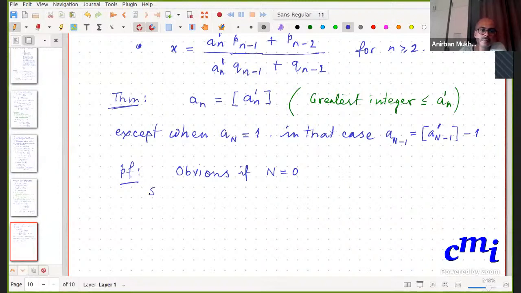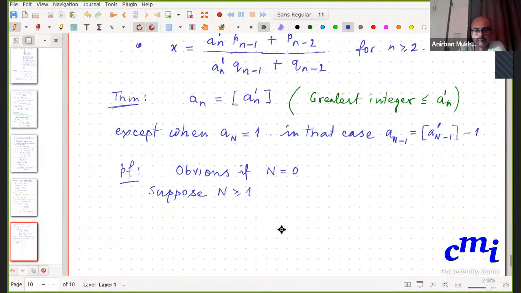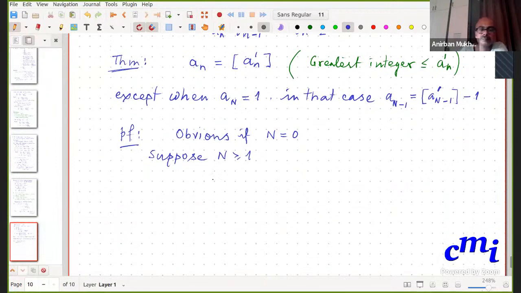So suppose N is not 0, so N is at least 1.